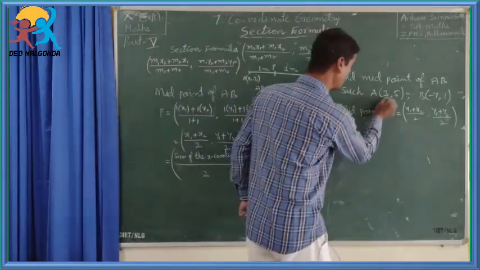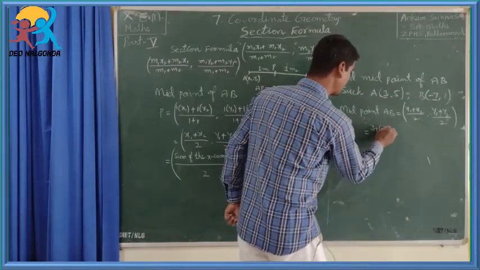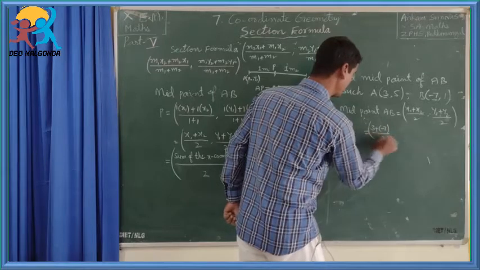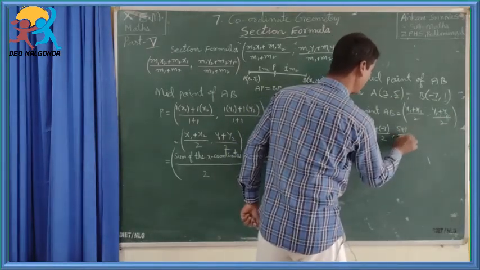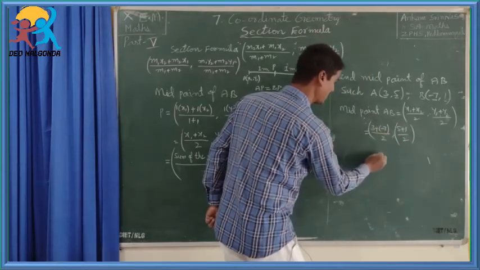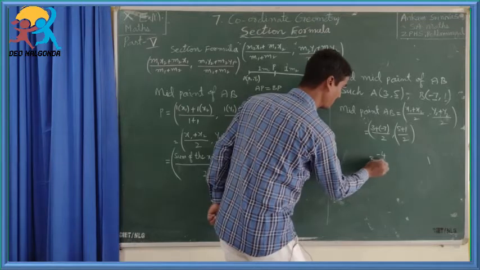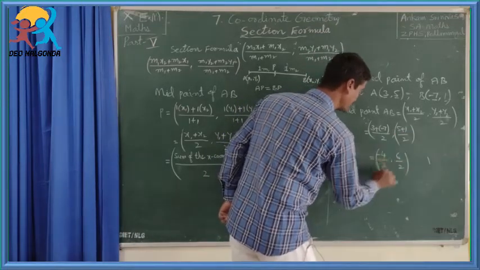So we get here the sum of X coordinates 3 plus minus 7 by 2 comma second coordinates 5 plus 1 by 2. And here 3 plus minus 7 becomes minus 4 by 2 comma 5 plus 1, 6 by 2.